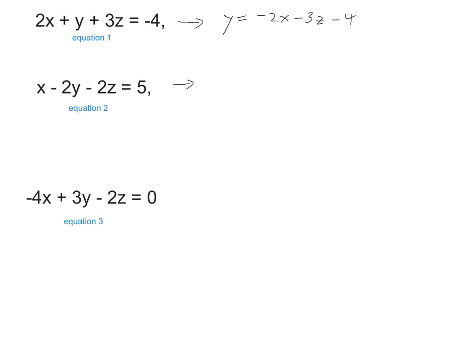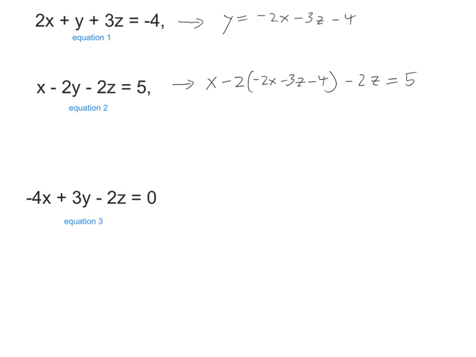This second equation becomes x minus 2 times y, but y we just found is negative 2x minus 3z minus 4, minus 2z equals 5. So that's what our second equation becomes when we substitute in for y.